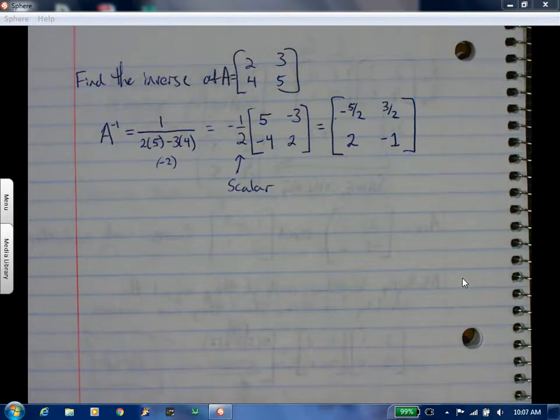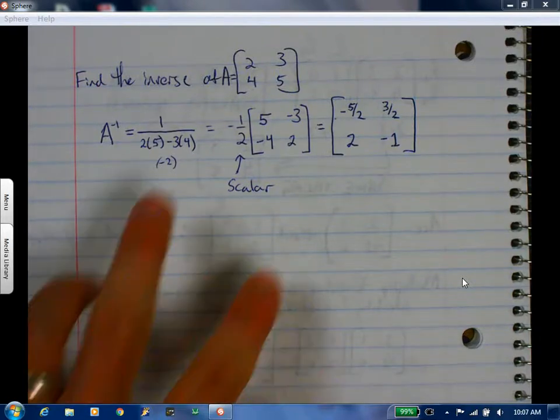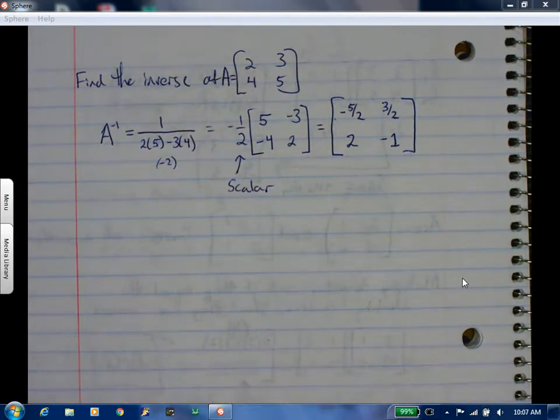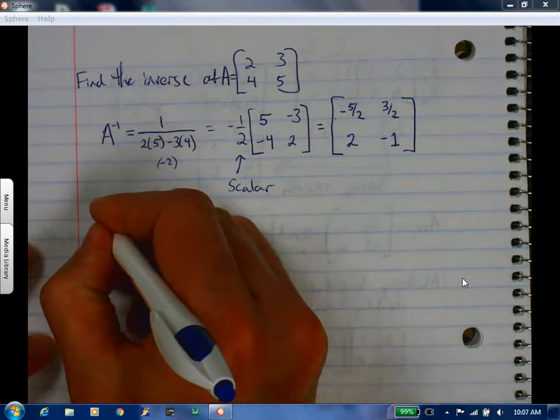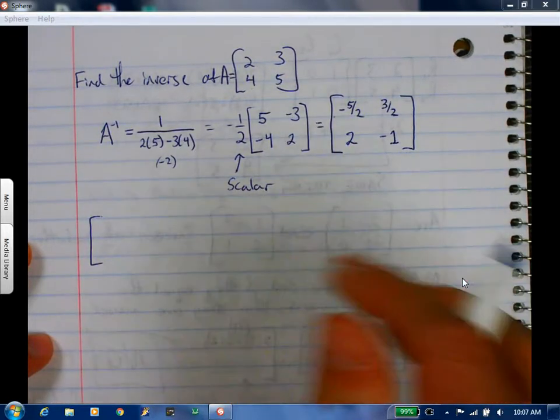Okay, you could check these by multiplying these back together. We're not going to do that now. Let's do another one. And then we'll come back and we'll use that to answer our equation from before.